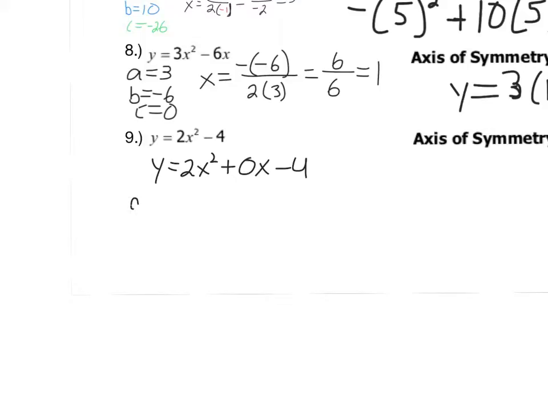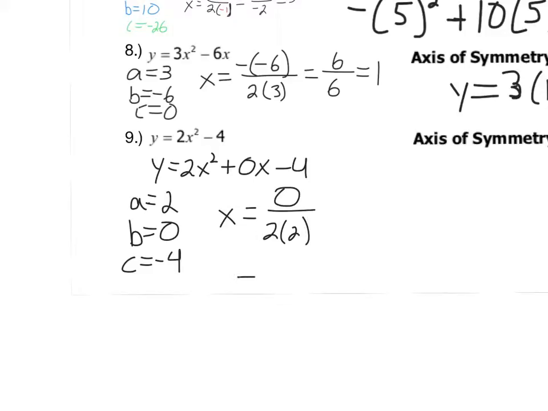So your a is going to be 2, your b is going to be 0, and your c is going to be negative 4. And you go ahead and use your axis of symmetry formula to find the axis of symmetry. It's going to be x equals negative 0, which is just 0, over 2 times 2.